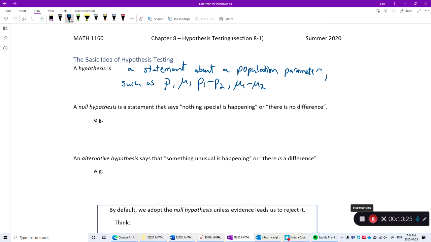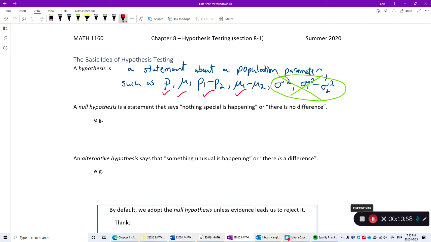We could say, what's the difference between how much money Canadians make versus Americans? Then we'd be comparing the mean for one, Canadian, minus the mean for two, US. And we could also do sigma squared, or even sigma 1 squared minus sigma 2 squared. Now in this course we're not going to do these ones, but we are going to do all of these.